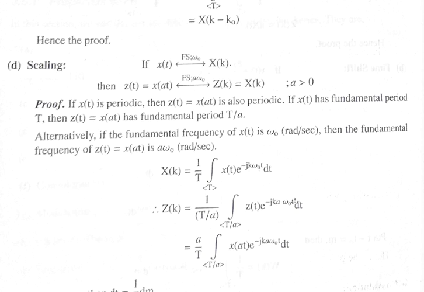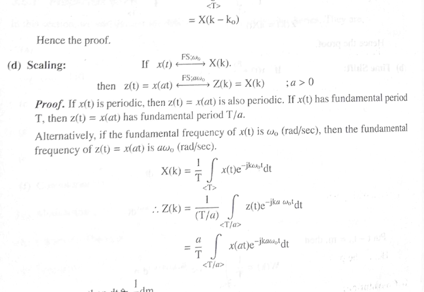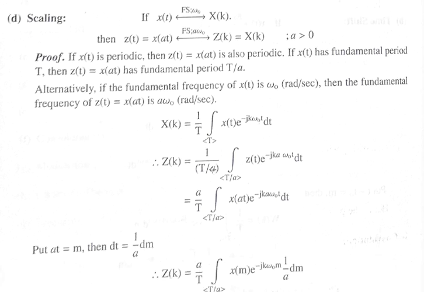So a gets multiplied with this, so the value is omega naught into a. So e raised to minus j k a omega naught t dt, and this a is taken up.